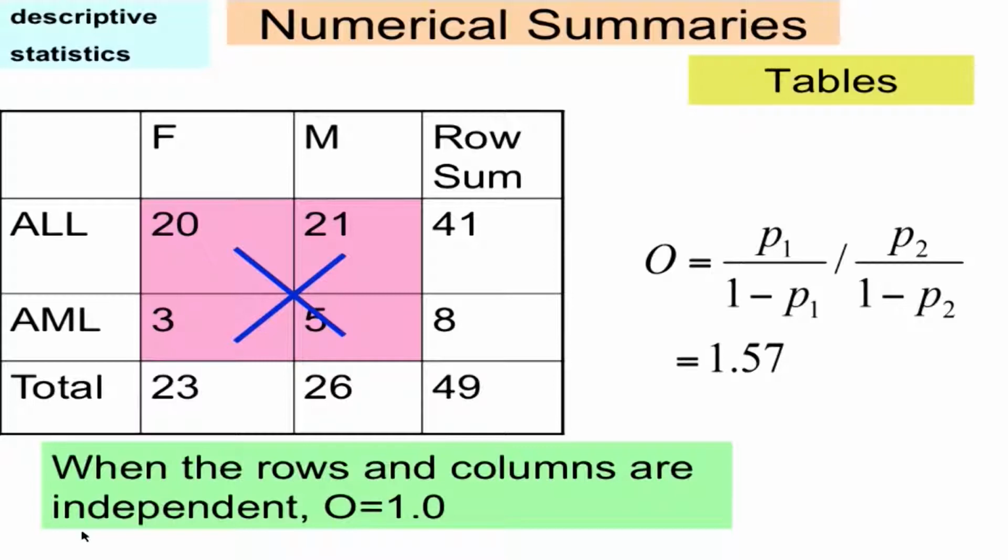It says, is the percentage of males that have this type of cancer versus the other one the same as the percentage of females that have this type versus the other one? So basically it says, is the odds ratio in both groups the same?